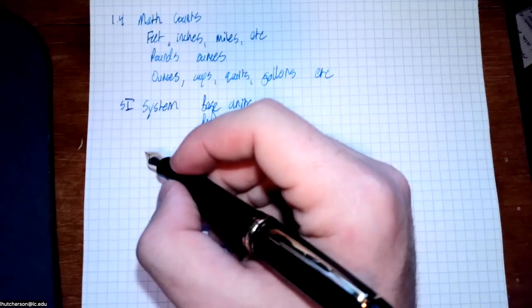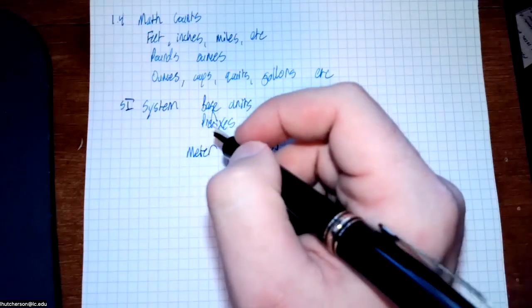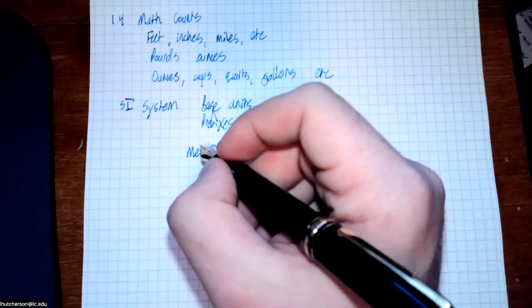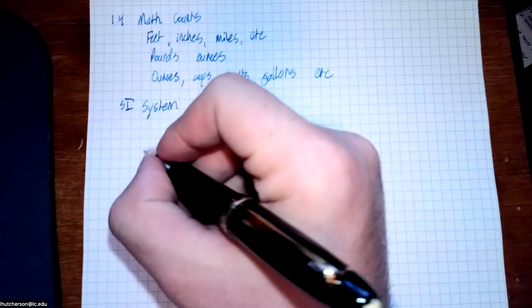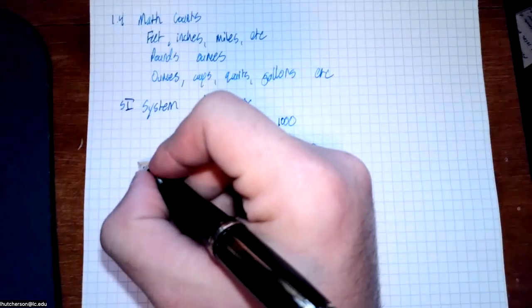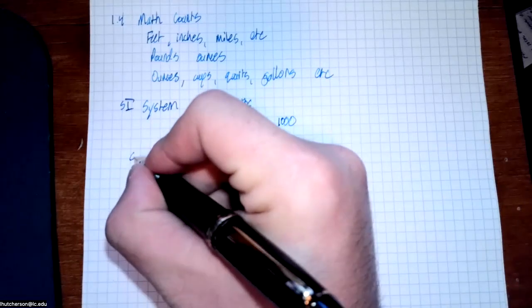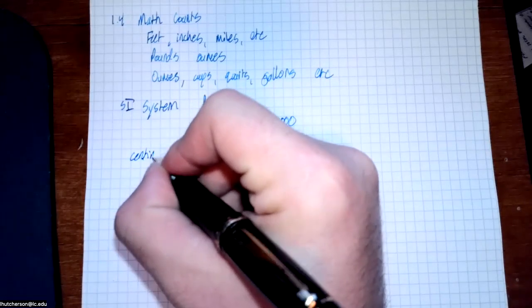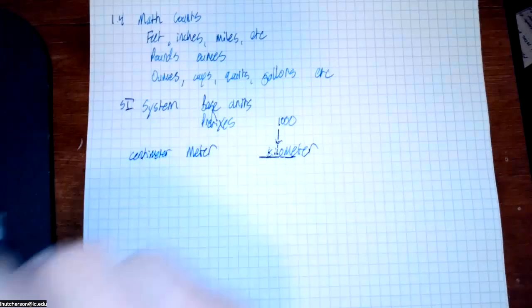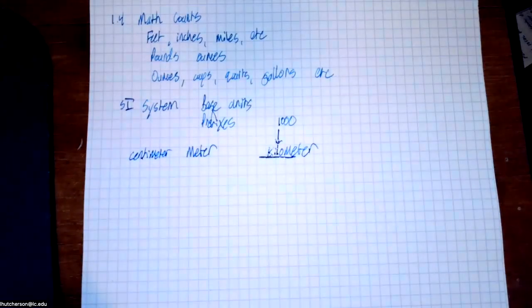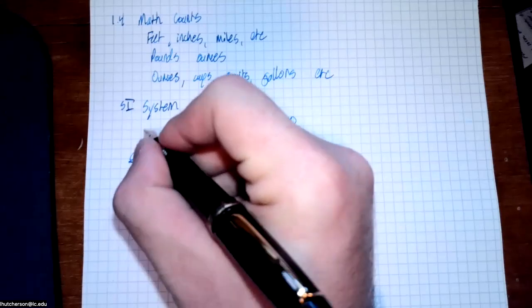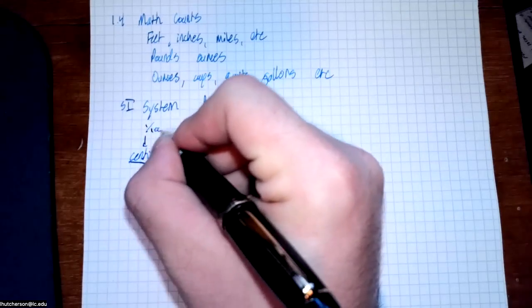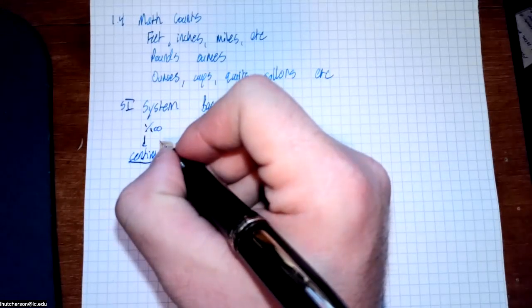Or maybe we think that a meter is too long for what we're measuring. So we could talk about centimeters. A centimeter, centi means 1/100th of a meter.